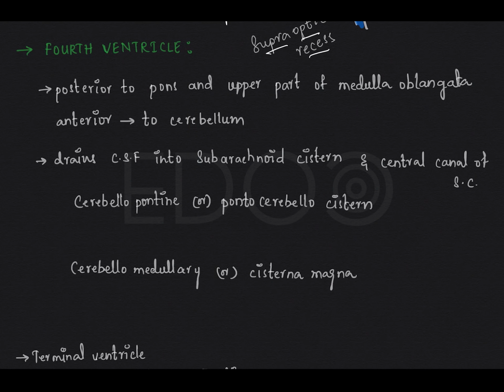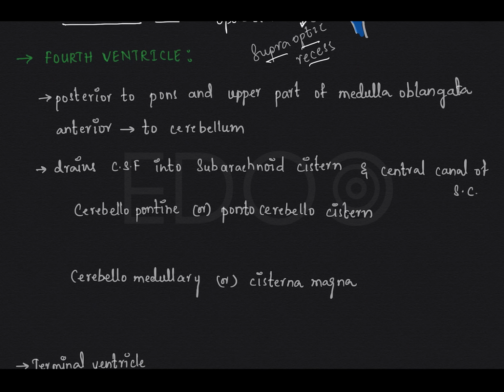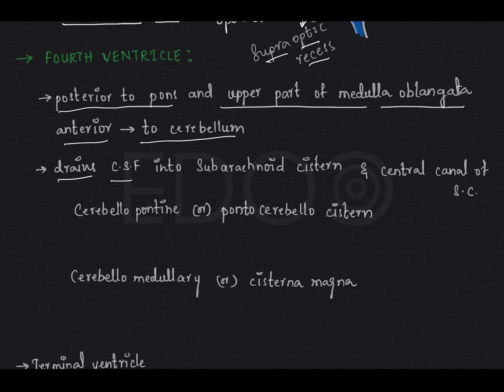And let's move on to the last ventricle, that is fourth ventricle. So the fourth ventricle is posterior to pons, and the upper part of medulla oblongata, and it is anterior to the cerebellum. And the fourth ventricle drains cerebrospinal fluid into the subarachnoid systems and central canal of spinal cord.